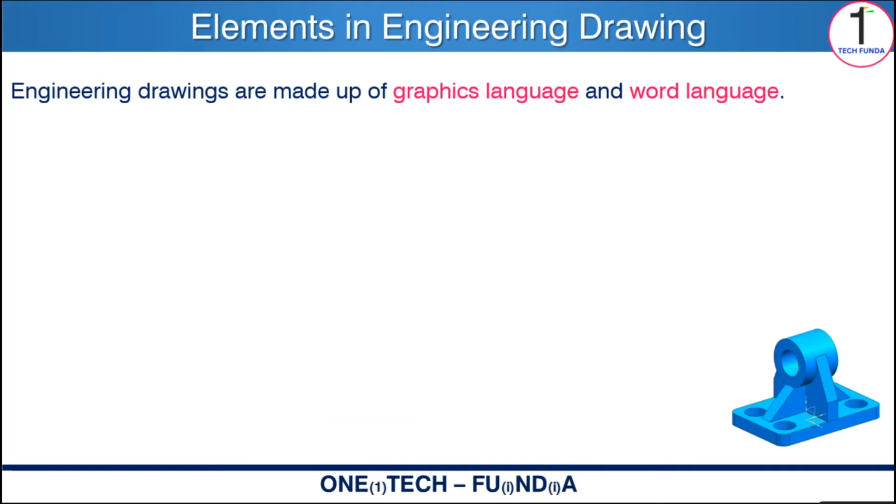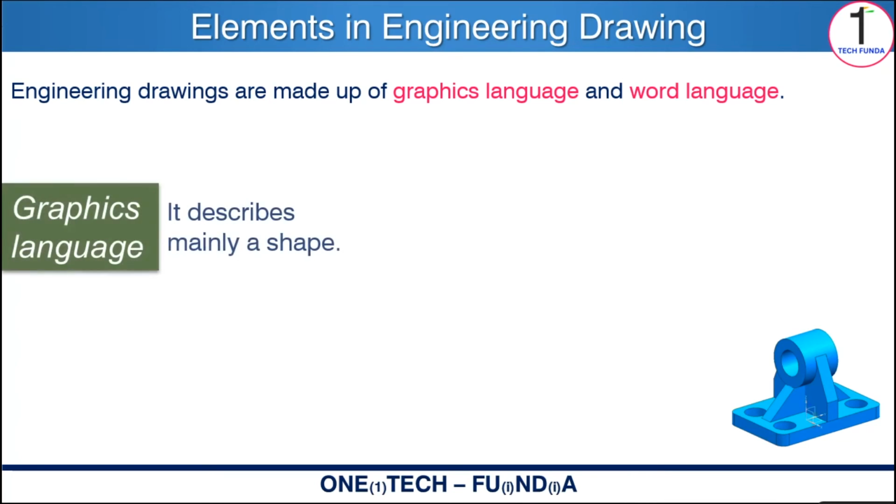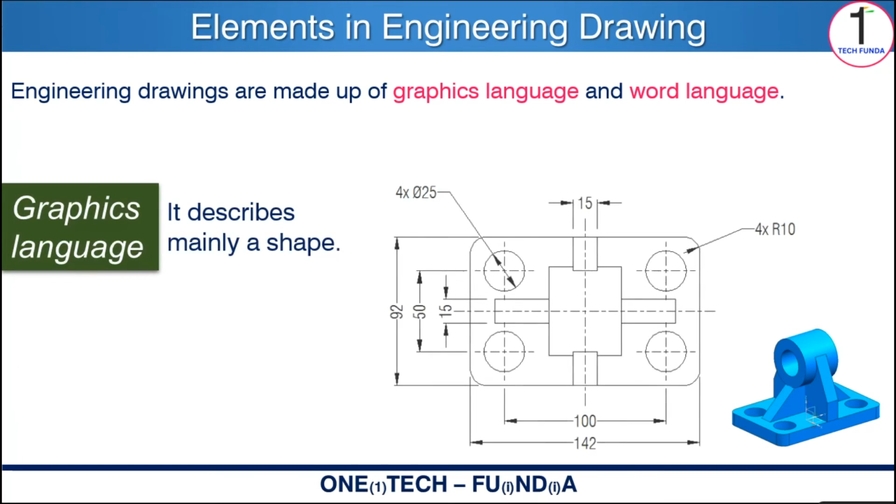Engineering drawings are made up of graphic language and word language. Graphic language describes mainly a shape that can be circle, square, rectangle, center line and hidden line.